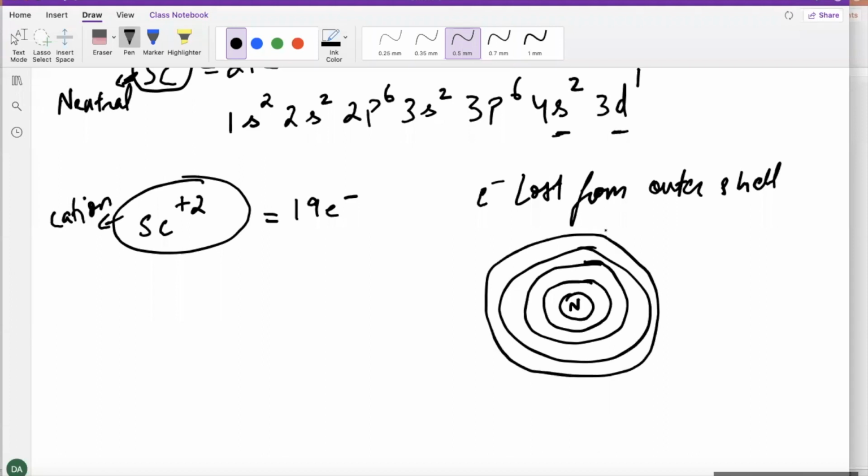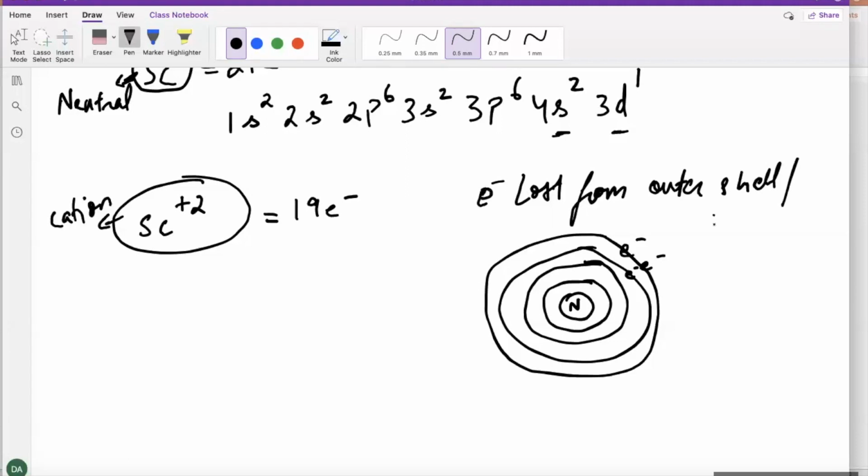So for scandium, on the fourth floor, it has 2 electrons sitting, and on the third floor, it has the 3d1 electron, it has 3p6, it has 3s2. So it has 2 plus 6, 8, and then 1, 9 electrons sitting on the third floor. So my question is, which electron is going to be lost? Is it going to be the electron sitting on 3d, or is it going to be the electron sitting on 4s? Again, as I said, the electrons must be lost from the outer shell.